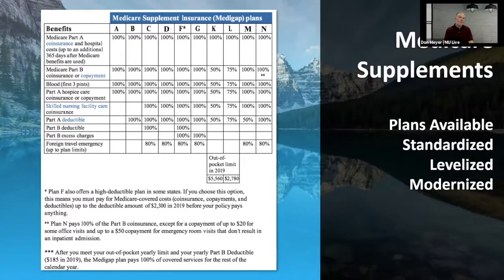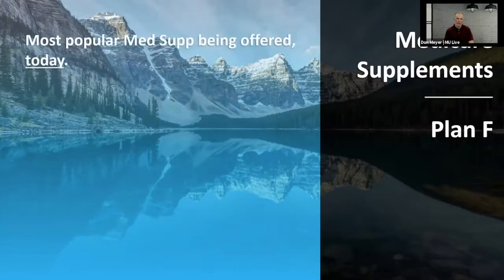Now, speaking of modernized plans, we all know that there's something new happening, all right? Plan F. Now, due to MACRA, maybe you've heard of MACRA, that's the Medicare Access and CHIP Reauthorization Act, which is a weird name, but it's called MACRA, is changing what's happening with Medicare supplement plans. And it's important for you to understand this because I want to tell you this right now.